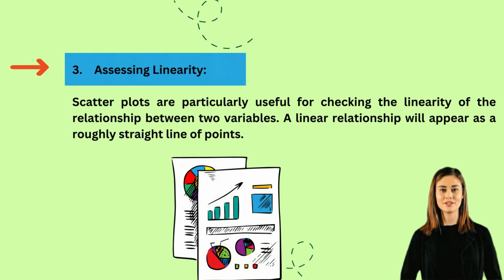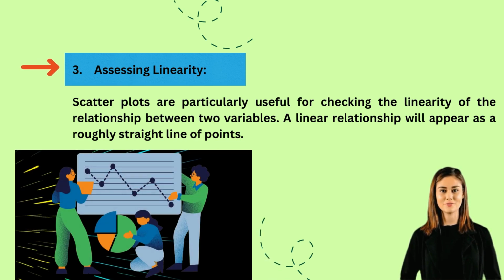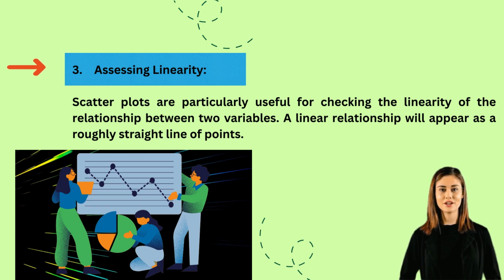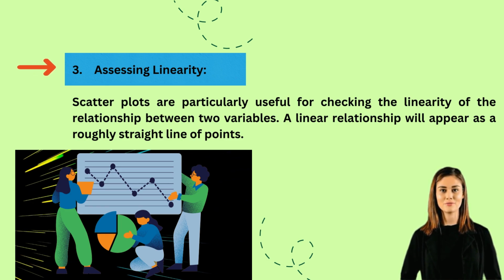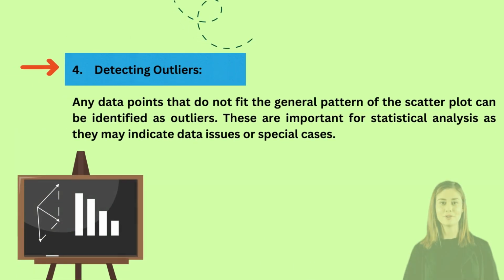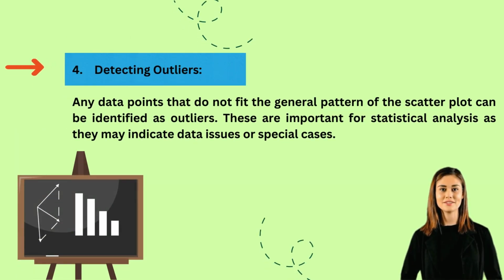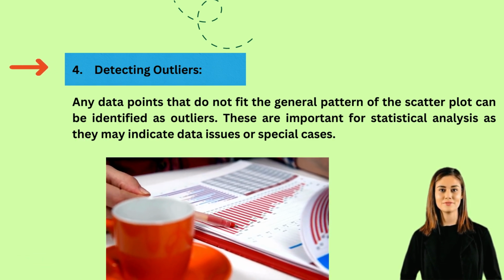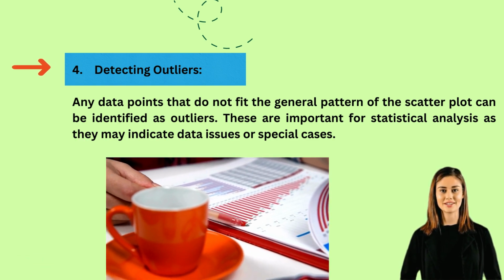Assessing linearity. Scatter plots are particularly useful for checking the linearity of the relationship between two variables. A linear relationship will appear as a roughly straight line of points. Detecting outliers. Any data points that do not fit the general pattern of the scatter plot can be identified as outliers.